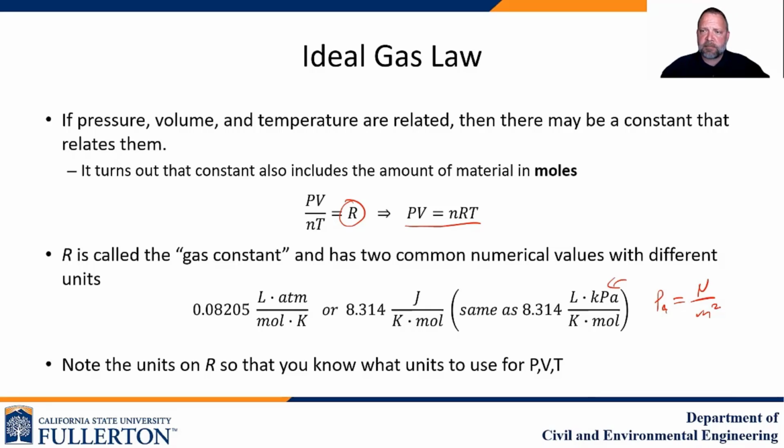That was something on that slide, several slides back, where I talked about the different units that are used for pressure. I forgot to point out that a Pascal is a Newton per meter squared, but that's something to keep in mind. So note the units on R so that you know what units to use for pressure, volume, and temperature. And that's all you have to do. So if you know that your pressure is in atmospheres and your volume is in liters, use 0.0821 as your numerical value.